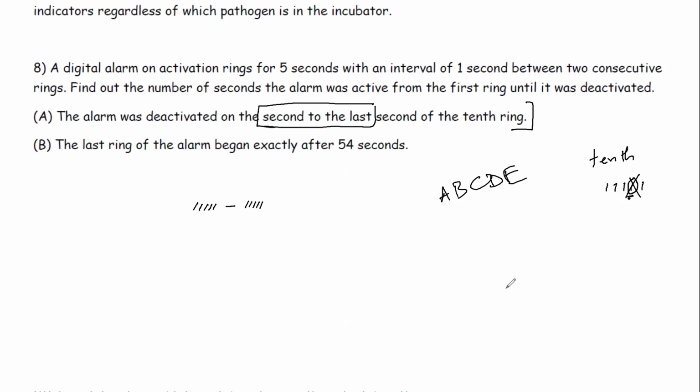So basically the second last second, right? Second last second. Is that what they're saying? All right. So it was deactivated on the second to the last second of the ring. Okay.